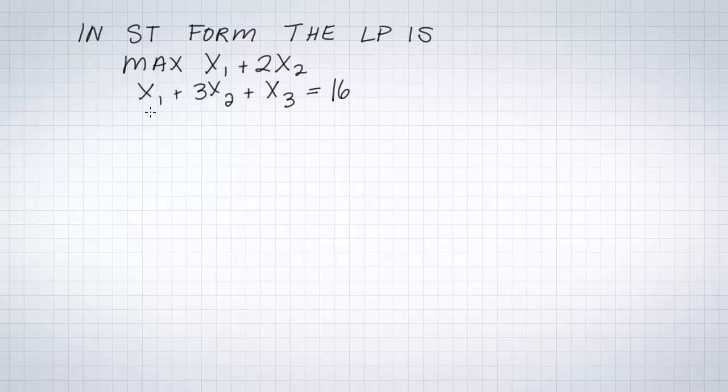But if x3 is 5, that means we have some slack. And if x3 is negative, then we're violating the constraint. So this will be x1 plus x2 plus x4 equal to 7, and then x1, x2, x3, x4 all have to be greater than or equal to 0.